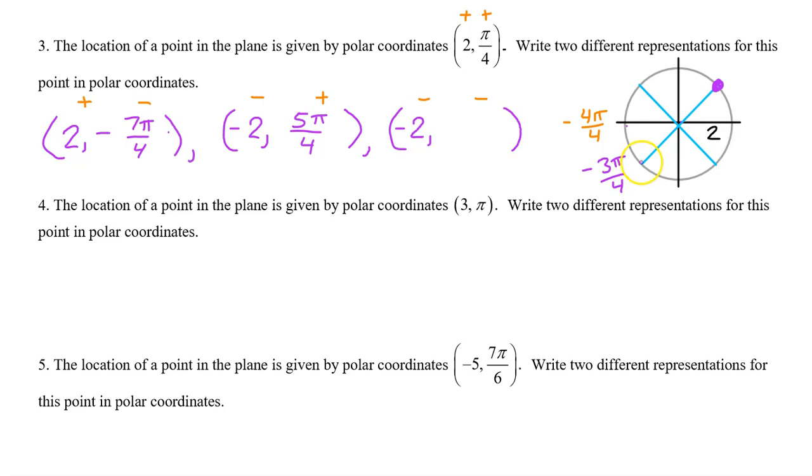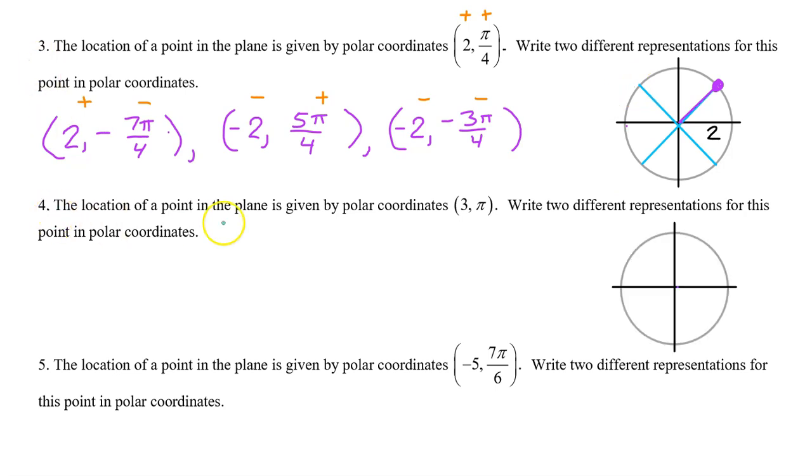So that gives us another name for this same point, negative 2 comma negative 3 pi over 4. Because if we rotate to negative 3 pi over 4, the negative r value will move us in the opposite direction, landing right on that target.